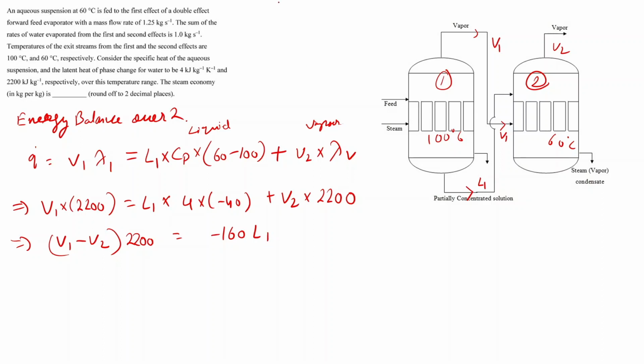Now we know that V1 plus V2 is equal to 1. So that will give V2 is equal to 1 minus V1. This we will replace in our equation. It will become V1 minus of 1 minus V1.